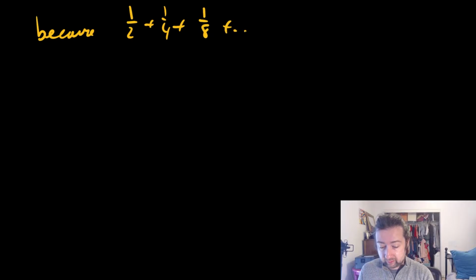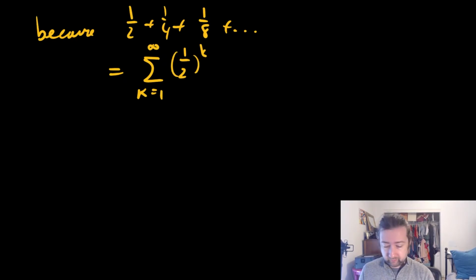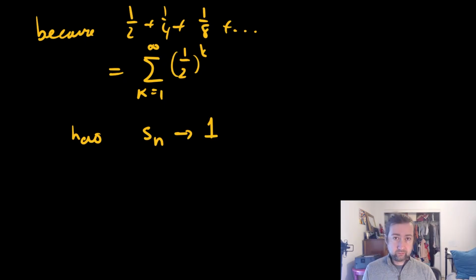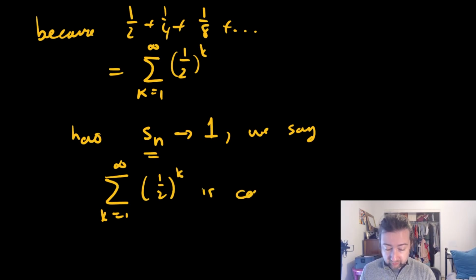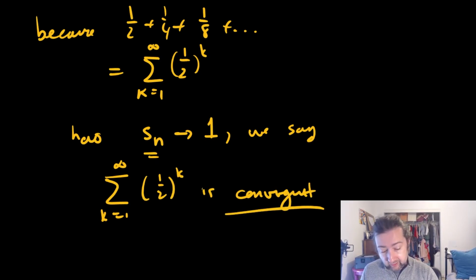So because 1/2 plus a fourth plus an eighth and so on, which I should say is actually equal to the sum from k equals 1 to infinity of 1/2 to the k, has Sn tending to 1, that is the sequence of partial sums associated with that series is tending to 1, we say that the sum from k equals 1 to infinity of 1/2 to the k is convergent, and it is equal to 1.